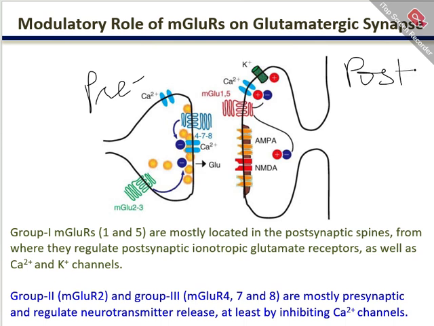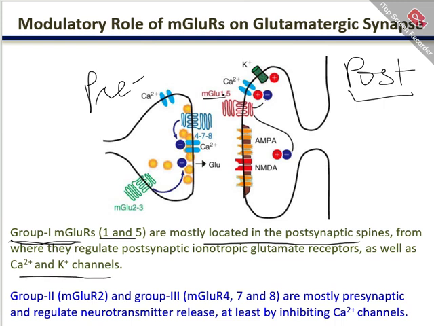You can see that the group 1 glutamate receptors, like mGluR1 and 5, are mostly located on the postsynaptic spines. Activation of these receptors would regulate the postsynaptic ionotropic glutamate receptors as well as potassium and calcium channels.